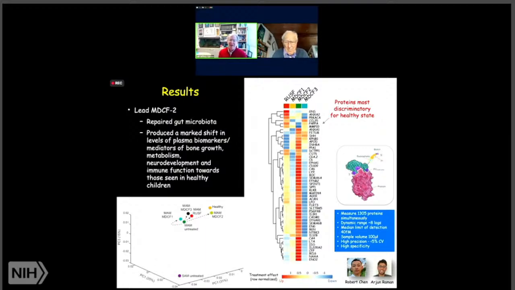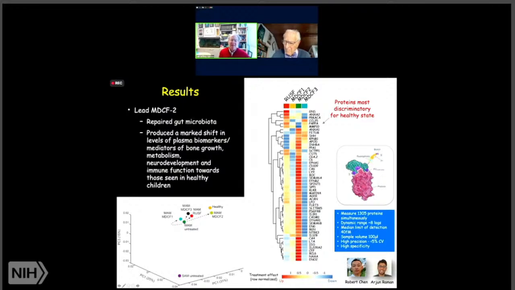These configurations are defined by the representation of these 15 eco-group taxa that had been identified as consistently co-varying and as a way of defining the developmental biology of the microbiota. You can see that children with moderate acute malnutrition who are untreated are closer to healthy than those who had SAM and were untreated.